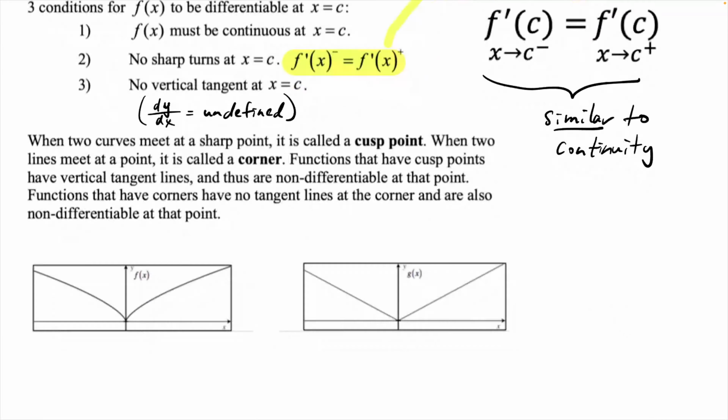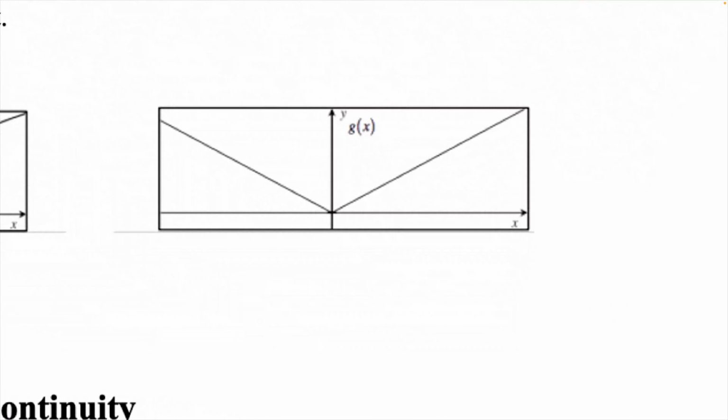So like, for example, before 0, it had a negative derivative, right? How do I know the derivative of this line is negative? Reading it from left to right, it's going down.